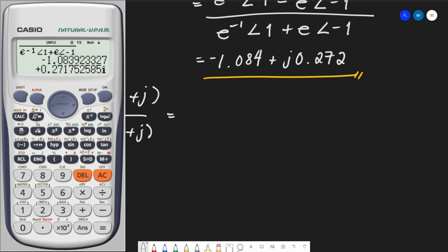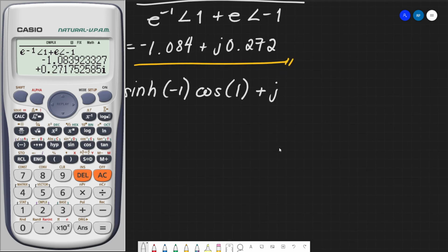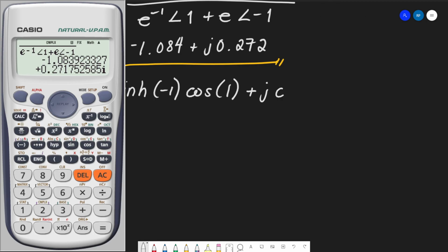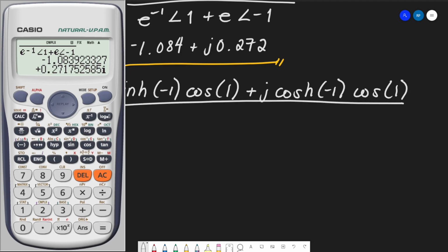Sin cos sin: sin negative 1 cos positive 1 plus j cos negative 1 sin positive 1, over ganun din sa baba.